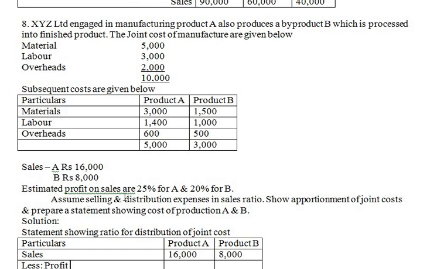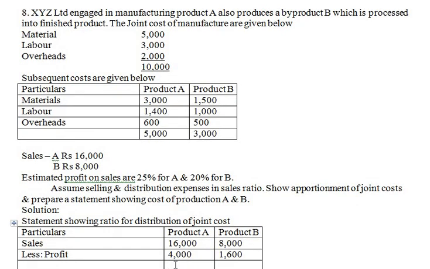Estimated profit on sales are 25% for A, that is 16,000 into 25%, so that is 4,000 for A, and for B 8,000 into 20%, so that is 1,600. Hope everybody has understood this calculation. Deducted, so for product A it is 12,000, and for product B it is 6,400.